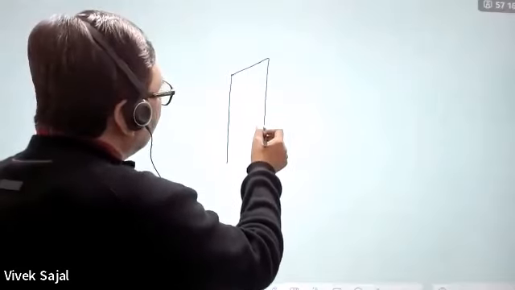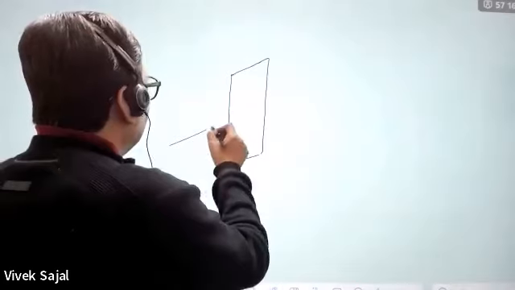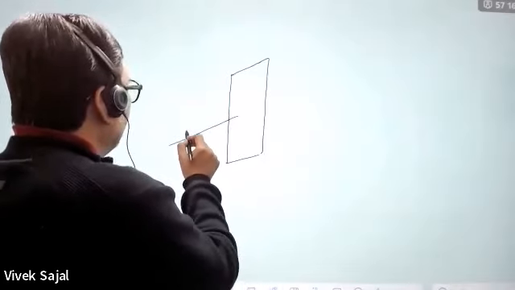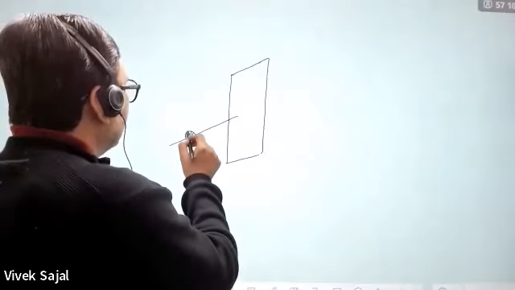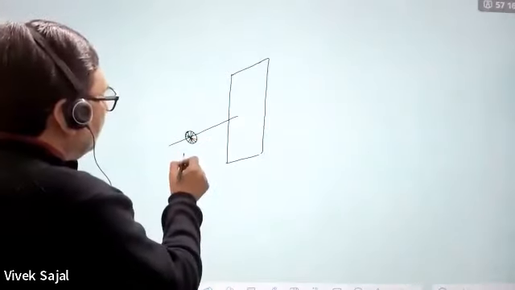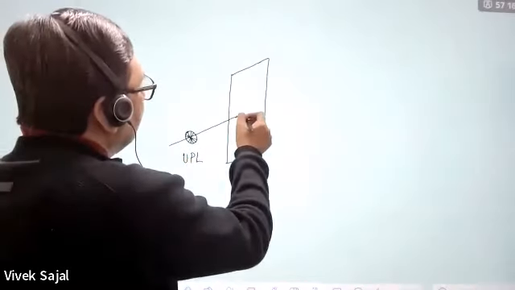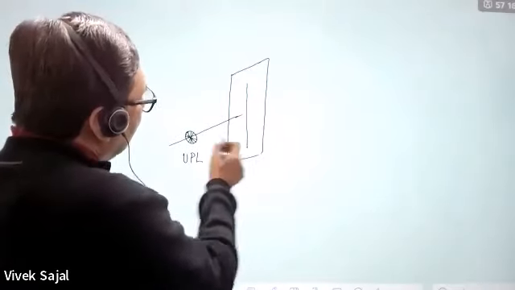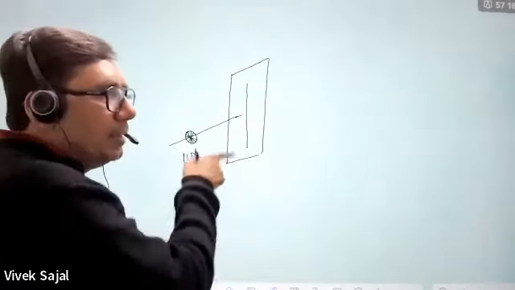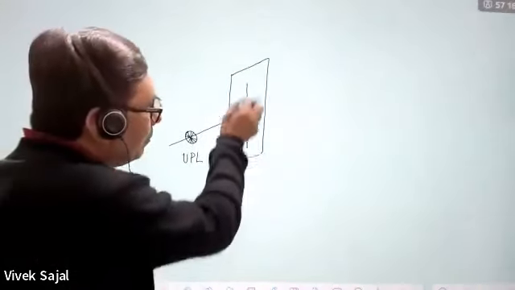Suppose you have this polarizer and unpolarized light is falling on it. This is the electric vector of unpolarized light. When this unpolarized light is incident on it, this polarizer will allow only those electric vectors which are parallel to a particular axis.